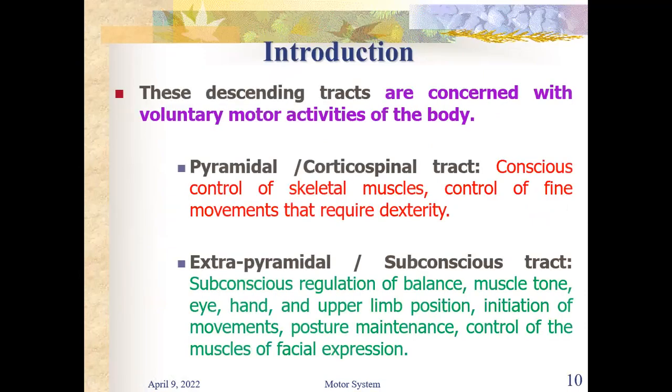So these descending tracts are concerned with motor activities of the body, with voluntary motor activities. I want you to know that voluntary motor activities are those activities that are initiated voluntarily. Those activities start voluntarily, but later on can be taken up and unconsciously controlled.